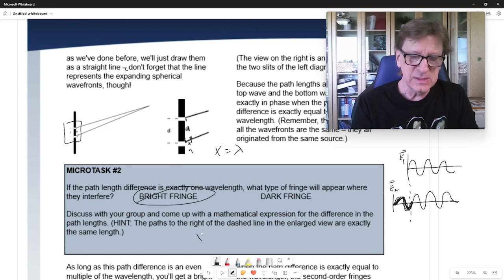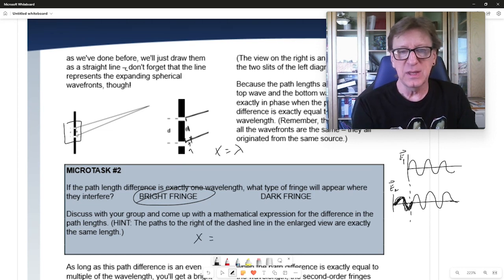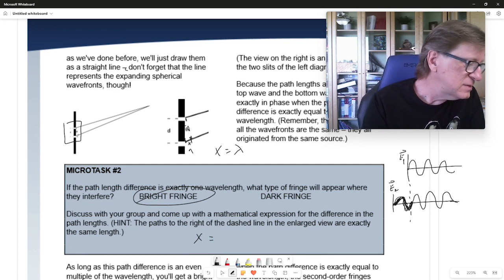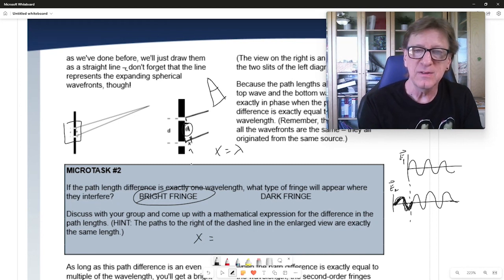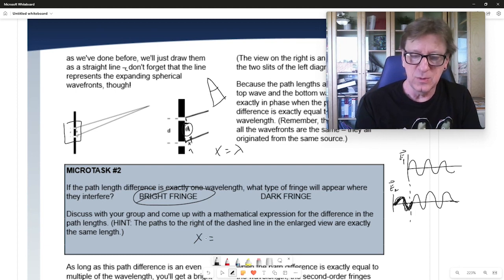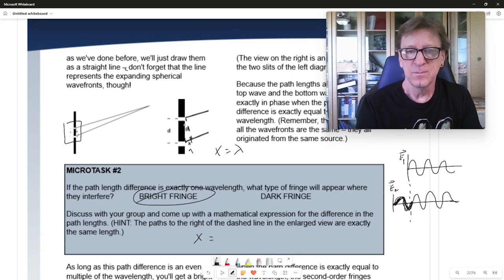So x, though, is going to equal, I think we defined this to be, you can barely see it right there, but this is my angle theta right here. If I blow this up even more, that's theta. So how would I write that in terms of trigonometry? Well, x is going to be the opposite. Notice that lowercase d here is the hypotenuse of my triangle.